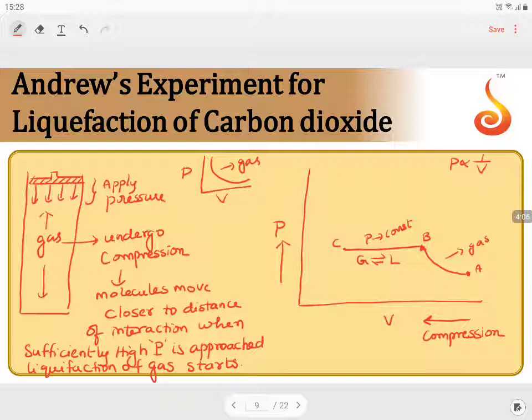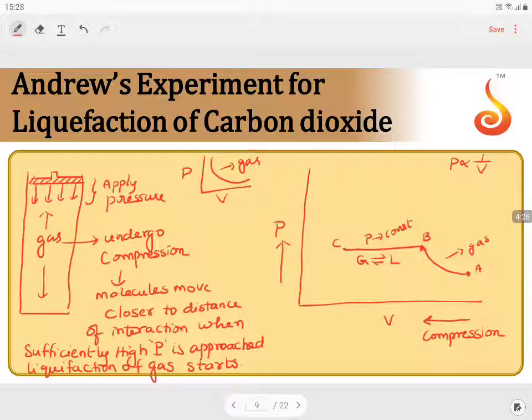The number of gas molecules and the volume of gas both decrease, such that the N by V ratio nearly remains constant. Therefore pressure remains constant at a given temperature.